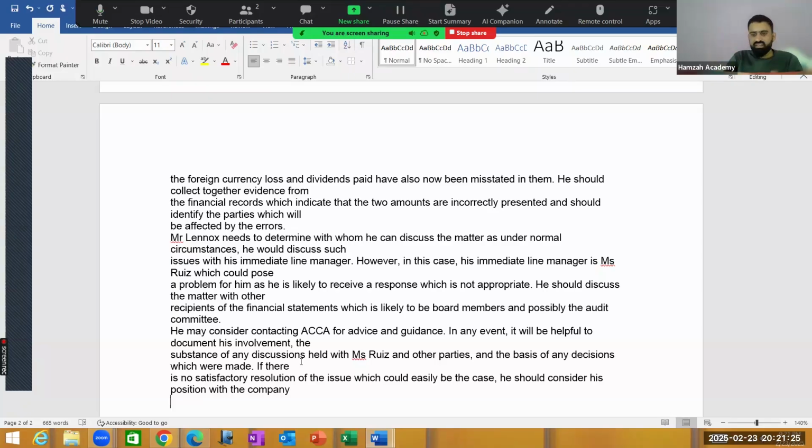So all the ethical aspects will surround those principles and those threats. And again, I'm saying, you need a knowledge and a skill to apply that knowledge on a given case study. So that was question number 2 on this exam.